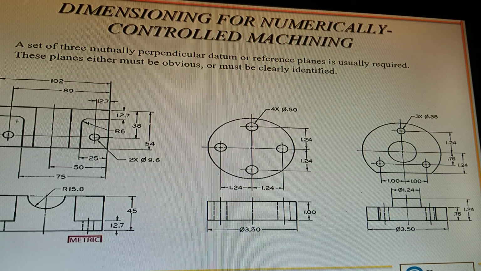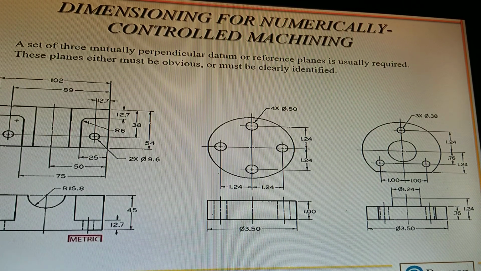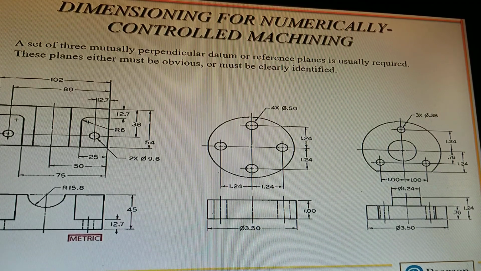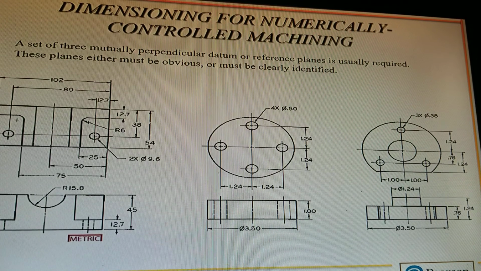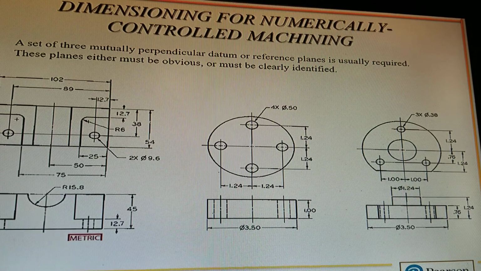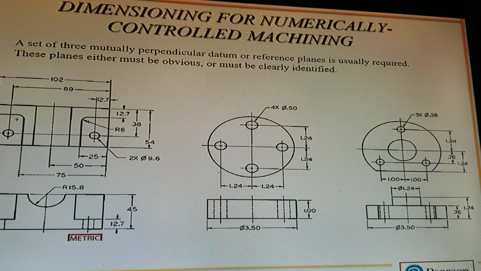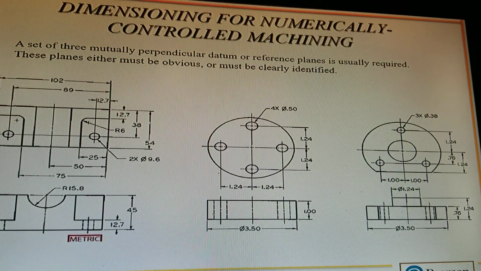And a lot of times with your CAD program, depending on which CAD program it is, you can directly load it into the machine, and it'll start up and running and make your part. But you need to know X, Y, and Z, okay, for numerical control.